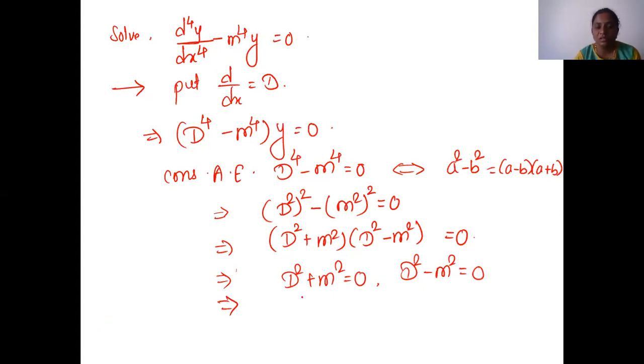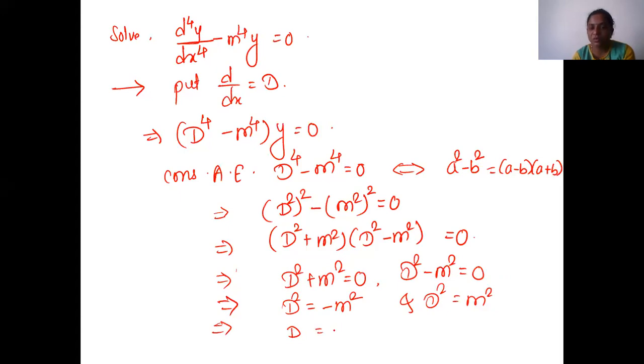So you have to solve this. How to solve? We want D. Anyhow, we want D. So shift it to the right hand side. So D square is here. Shift it here. Minus of m square. And here D square is m square. Here it is minus. So on this side it will be plus. Now we take square root on both sides. Here we get D, square root of D square.